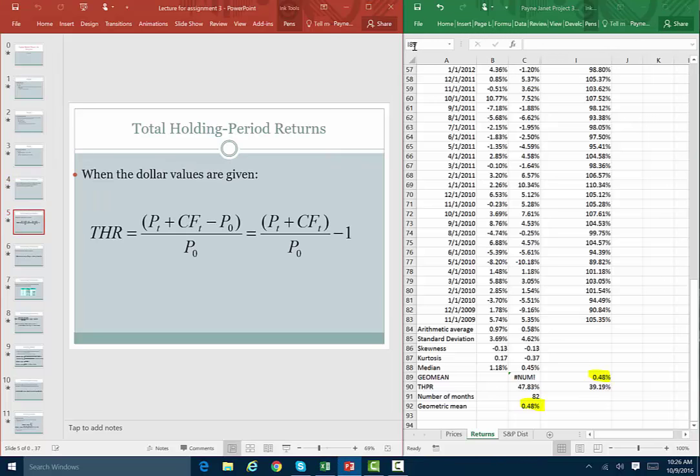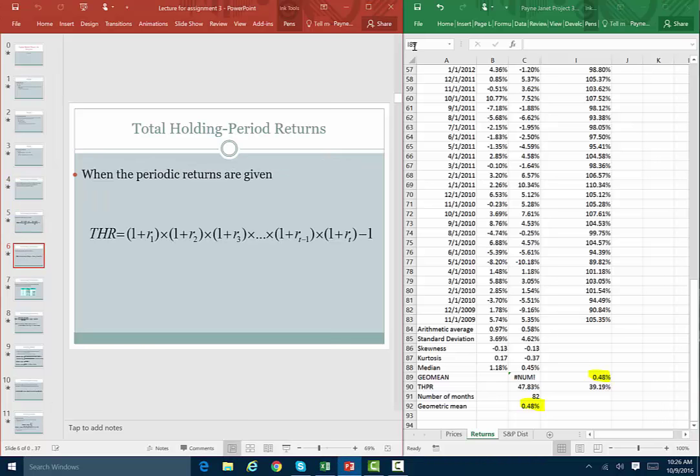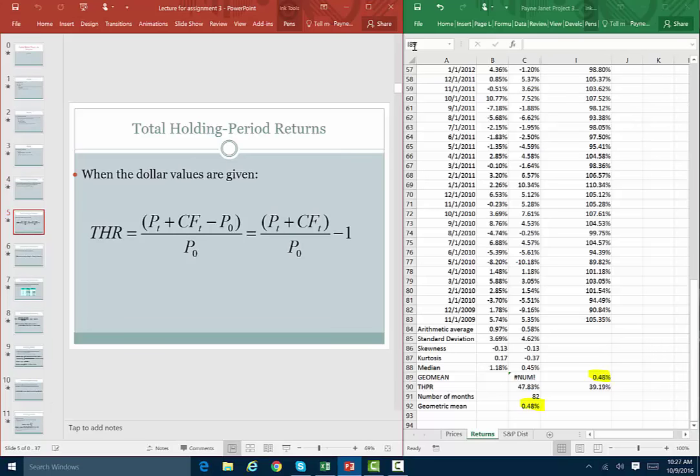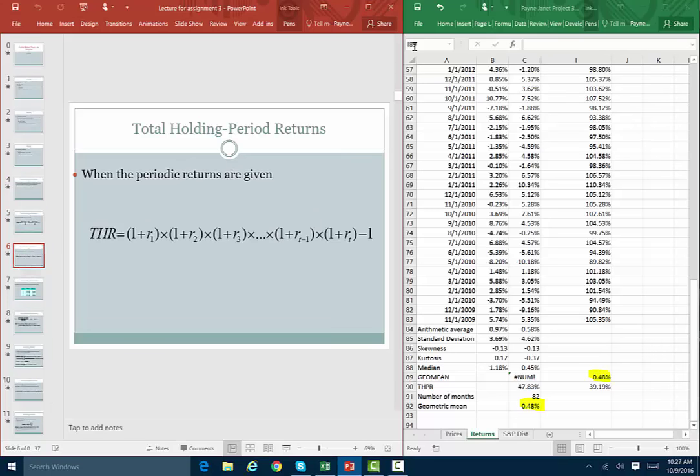Next, also, when the periodic returns are given, you can do this: 1 plus r1 times 1 plus r2 and so forth, subtract 1. That is exactly what that geometric mean function is doing.